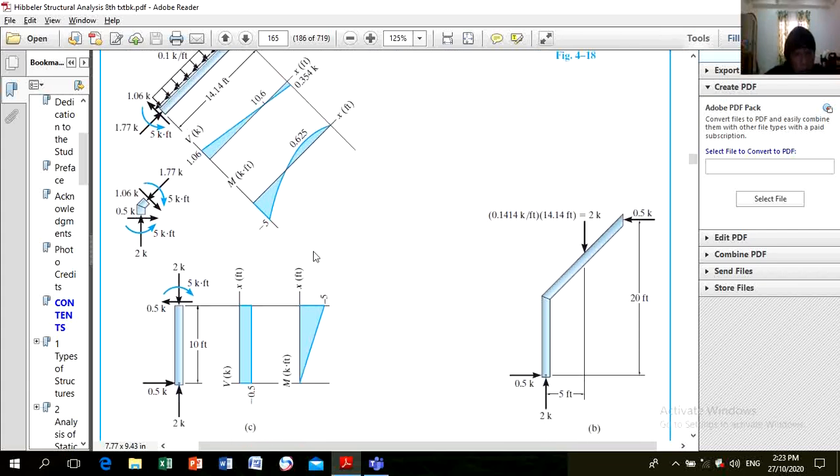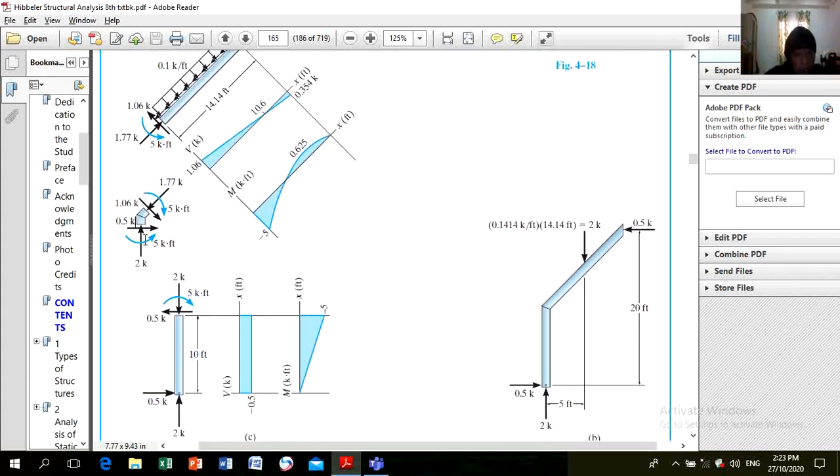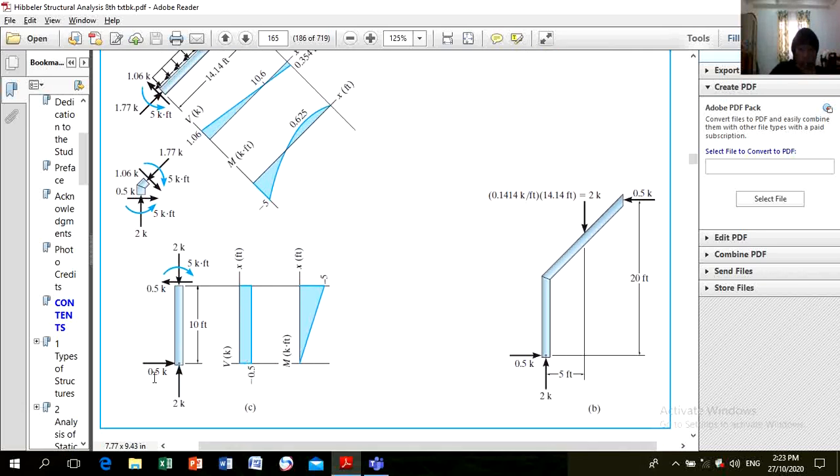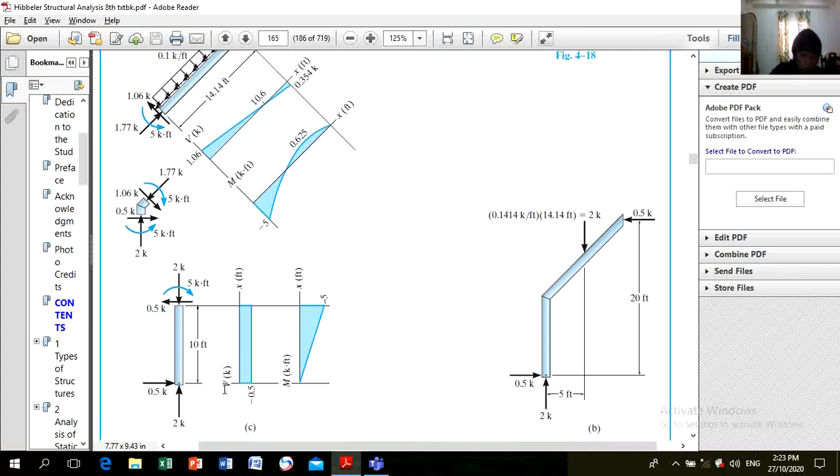Once we use this one, you apply here, then summation force along x and y to check. But we already calculated the reactions, so there's no problem. To check that one, summation force along y should be 0: 2, 2. Summation force along x: 0.5, 0.5. So here, the shear is negative 0.5. Then no reaction, so 0.